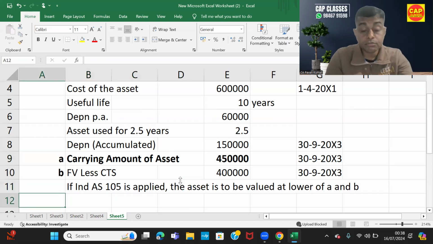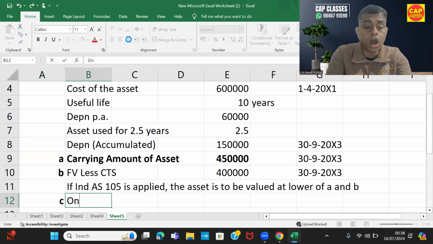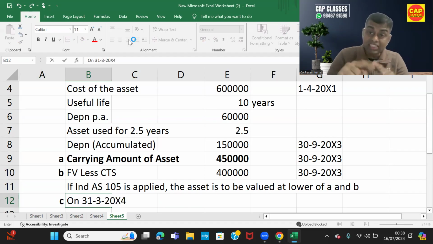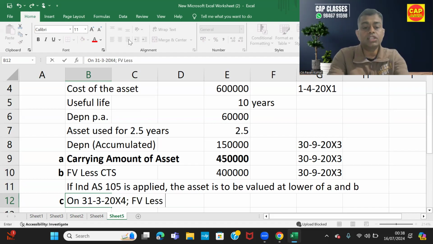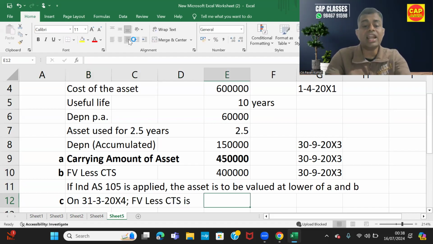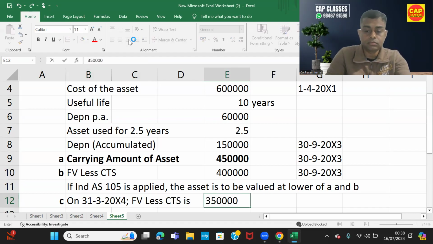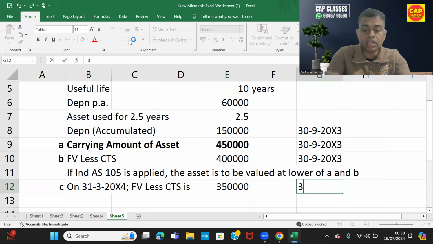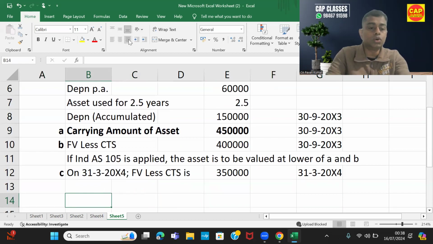Then on C, I am writing C, on 31/3/20X4. That means next financial year, next balance sheet date. Fair value less cost to sell is 3,50,000. So this is the story on 31/3/20X4.